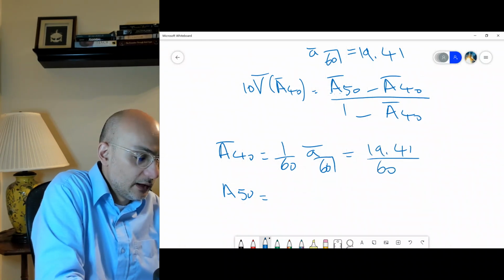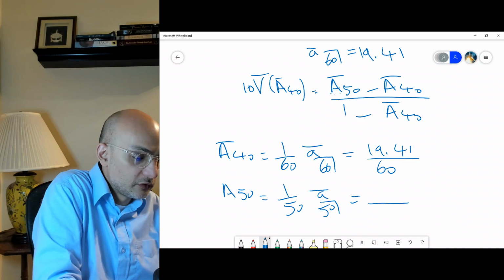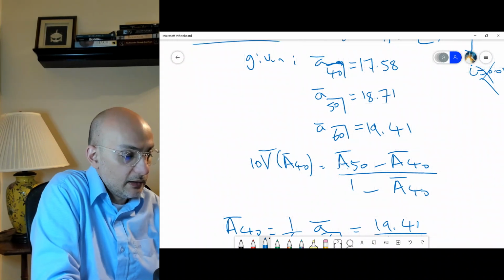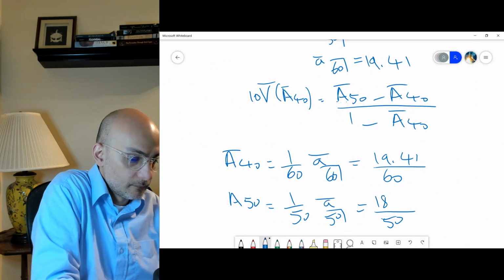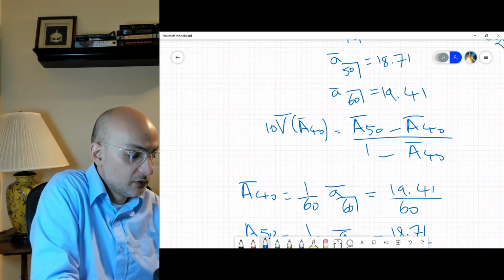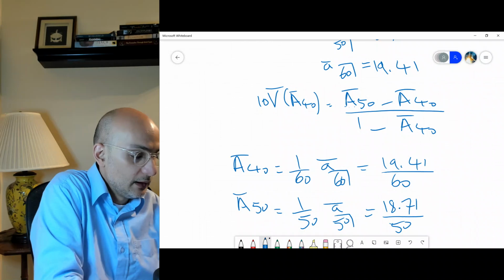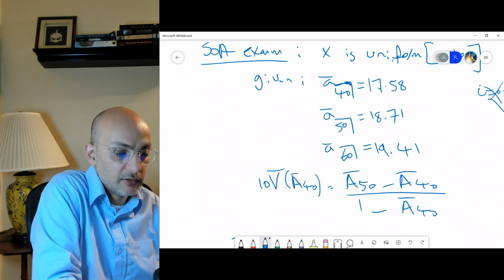And 50 is 50, and now A50. We have the A50 here, which is 18.71. You notice that they give you an extra term here to confuse you. They give you the 40, you don't need it.